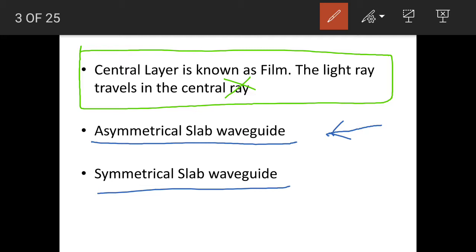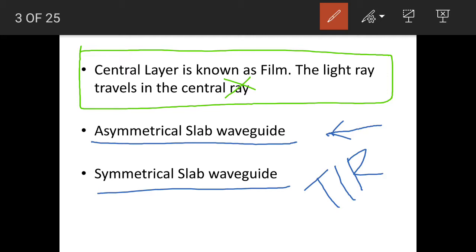You see, the slab waveguides satisfy the condition for the total internal reflection. So the total internal reflection will take place, and this total internal reflection will save the light ray in the central layer of the asymmetrical as well as symmetrical slab waveguide.